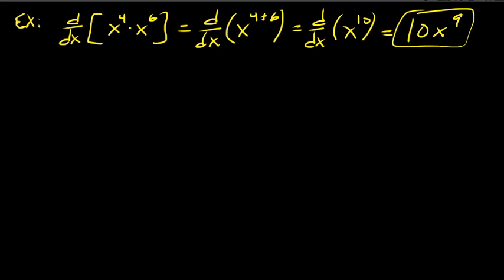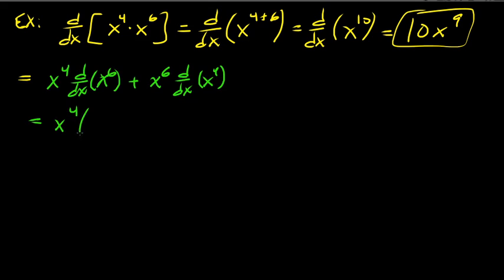And that's it. So if you want to use the product rule, you would do x to the 4th times the derivative of x to the 6, plus x to the 6 times the derivative of x to the 4.